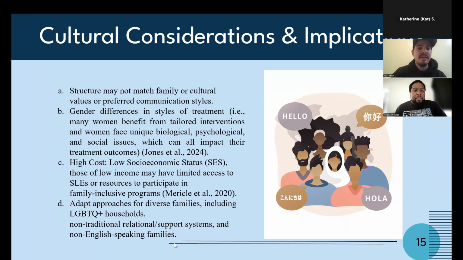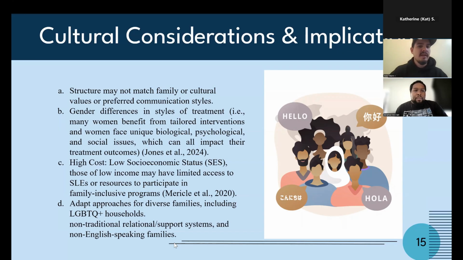And to round out the presentation today, we have some cultural considerations and the implications involved with sober living environments. So we'll start off with the structure may not match family or cultural values or preferred communication styles. So, substance use disorder knows no discrimination as far as socioeconomic status, people's background.